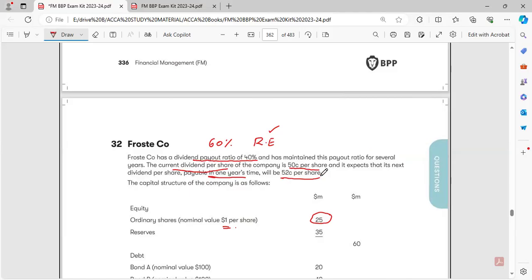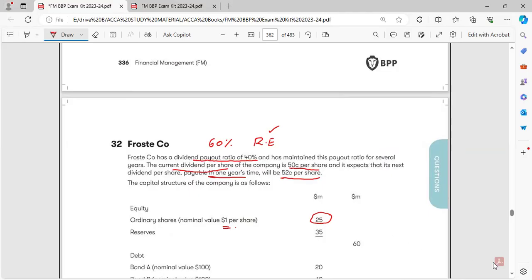Although next year's dividend is also provided in the question, which is 52 cents, and cost of equity is also provided. So what will we do? We can use this 50 cents along with the growth rate to calculate next year dividend, or we can use directly the next year's dividend. Now the next question is, it is multiplied with what?